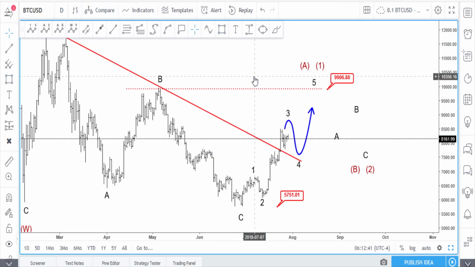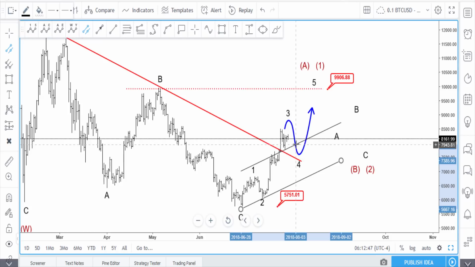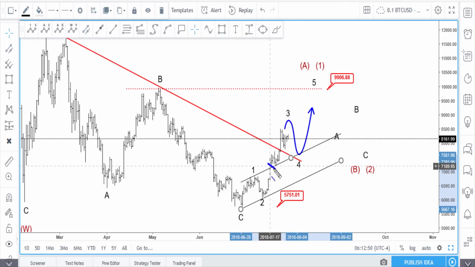Also, if you draw this channel, this appears to be very important. Normally when you see price breaking aggressively above this upper parallel channel, firstly I thought that this was only going to be an A, B, C rise, and that we'd see a new leg to the downside. So I was wrong on that one.